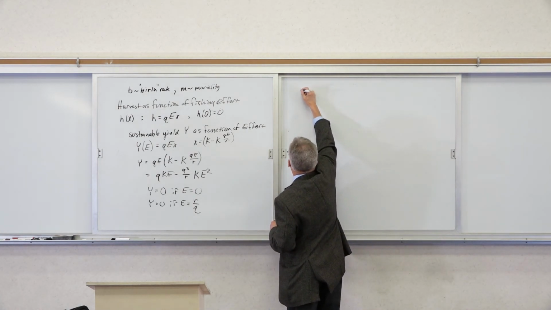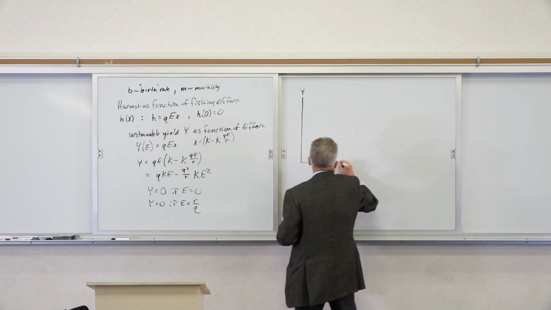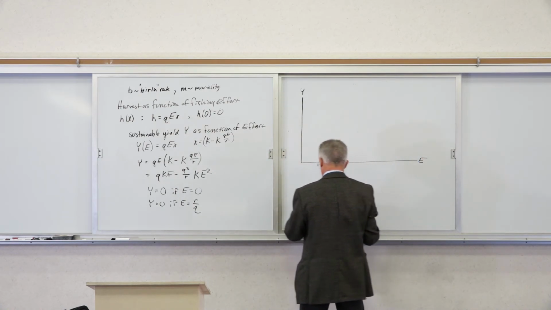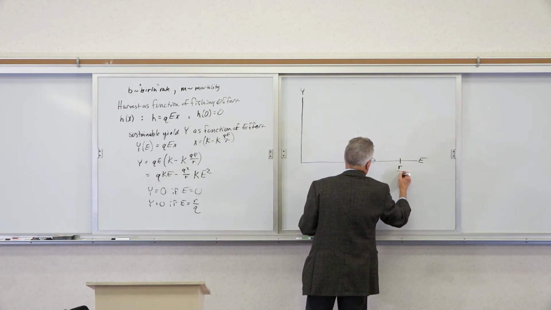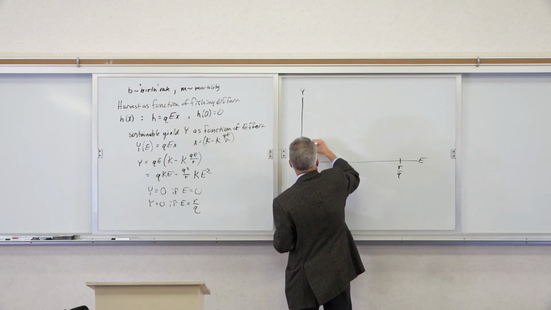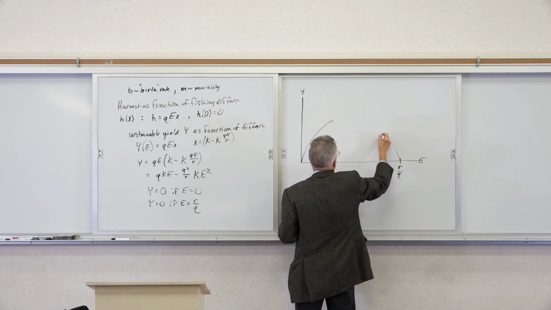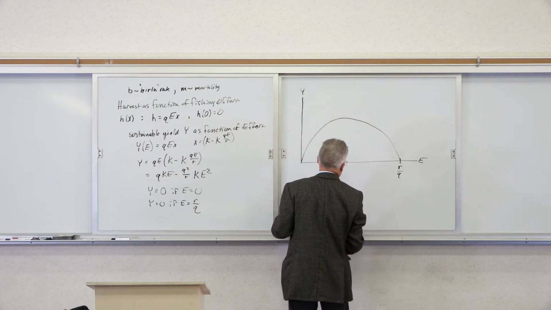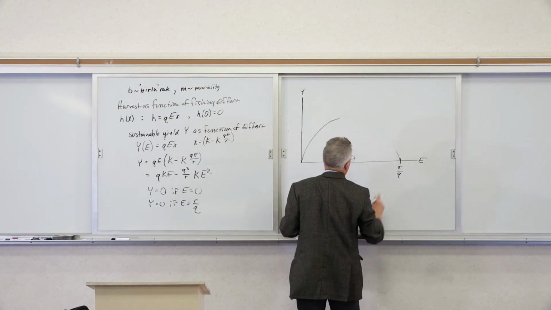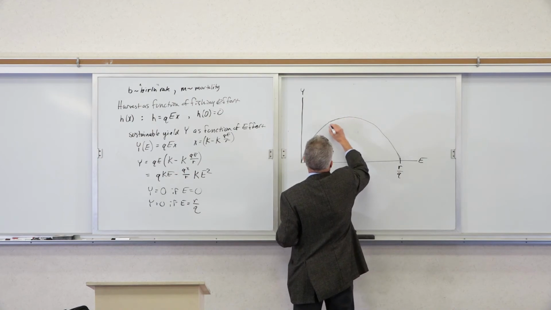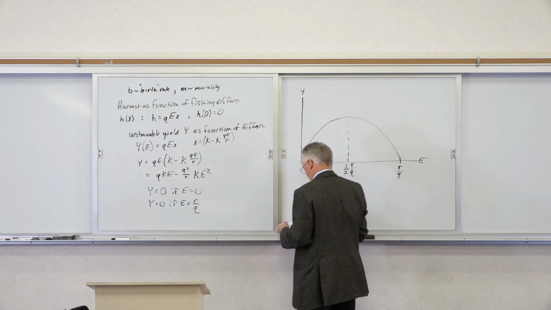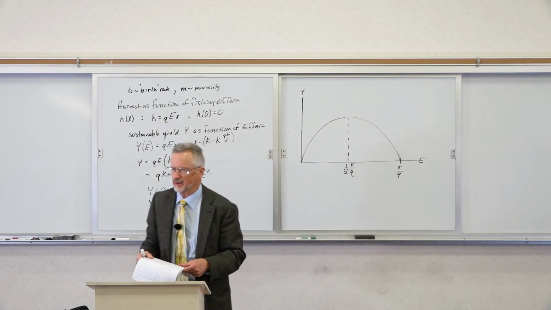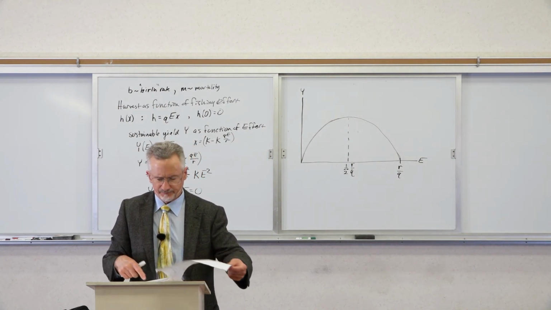So put yield here, effort on this axis, and R over Q. And that's more or less symmetric. There we go. And there's 1/2 R over Q. All right, good. Clear so far? Great.